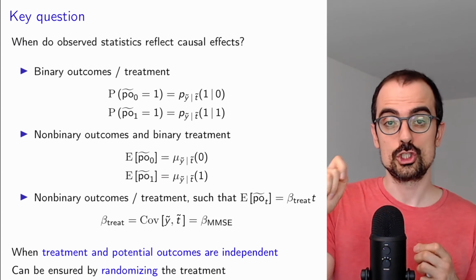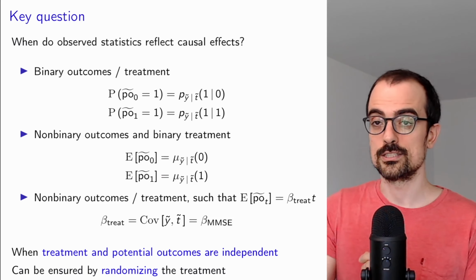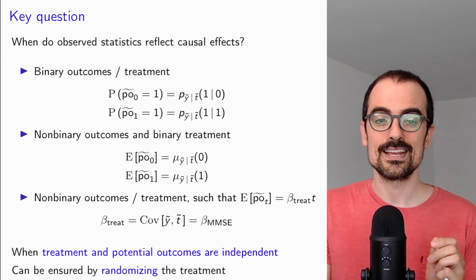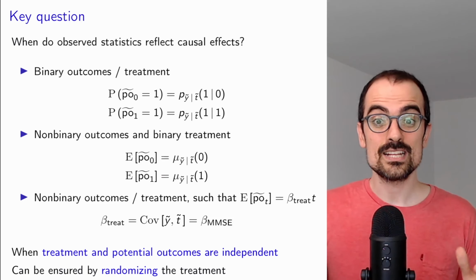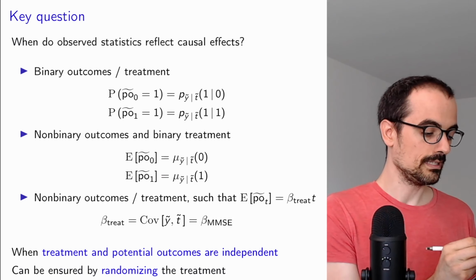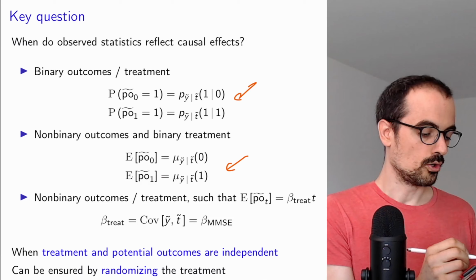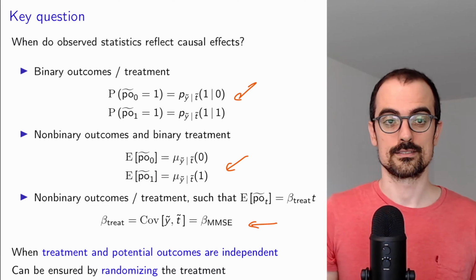We have chosen the treatment without looking at the patients, without looking at the students, without looking at anything else. We just produce a random treatment. In that case, we can aggregate our data in these ways, through conditional probabilities, conditional averages, or with linear models or correlation, to reflect causal effects.